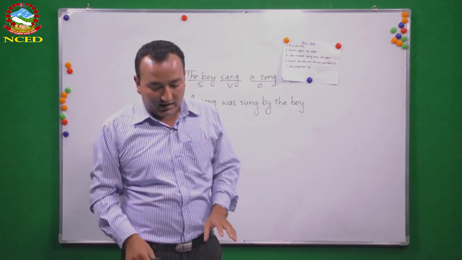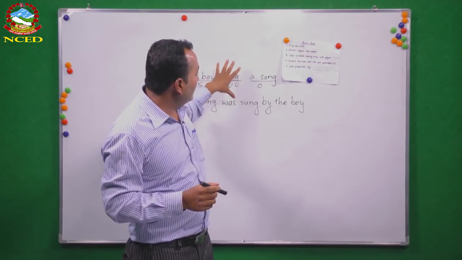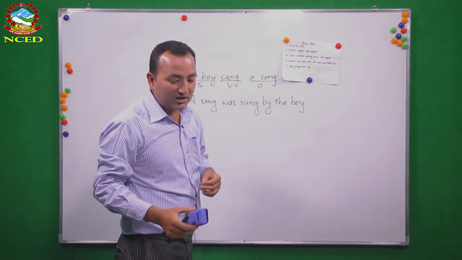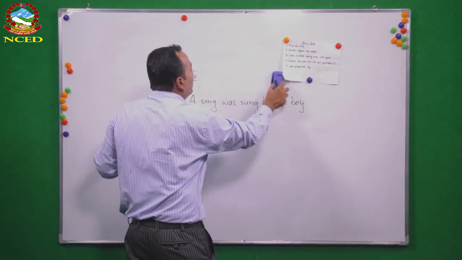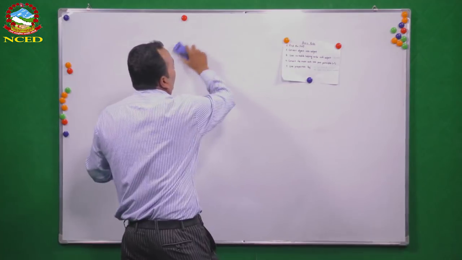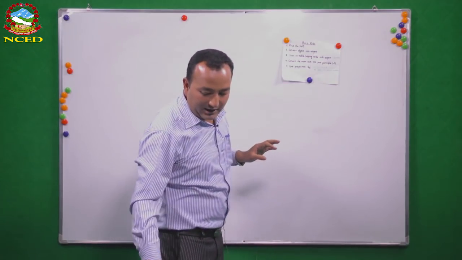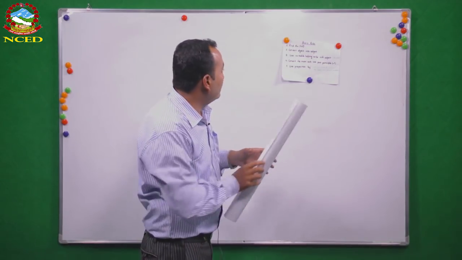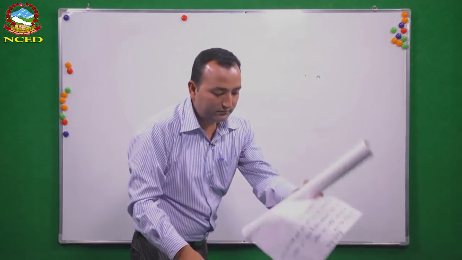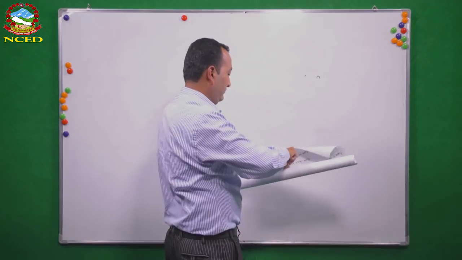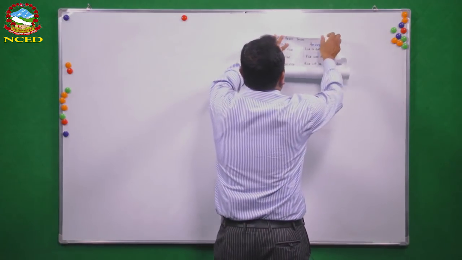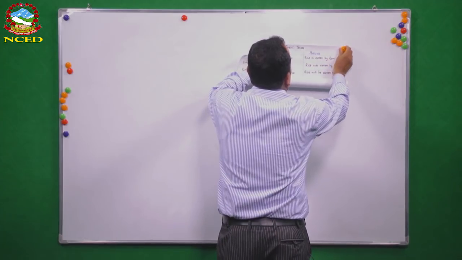Now, whether these rules apply in all cases or not, let's check from some other sentences of different tenses. I have got one chart here. Let me show you first.